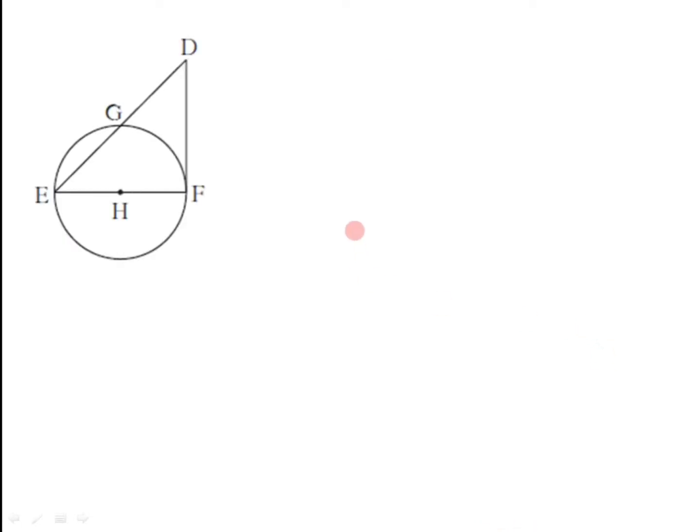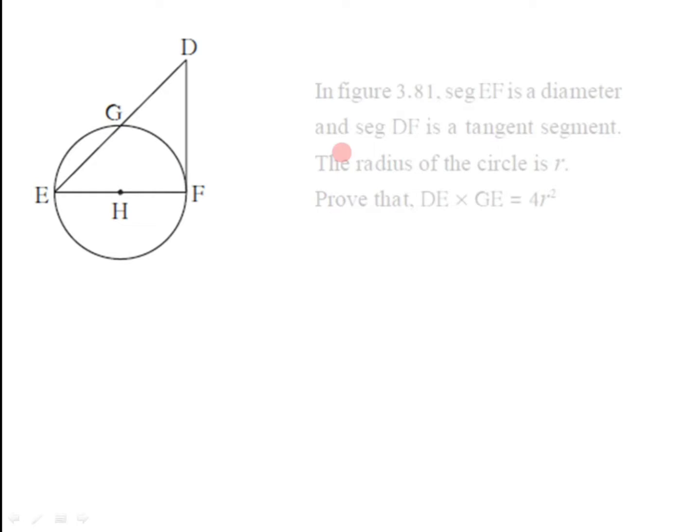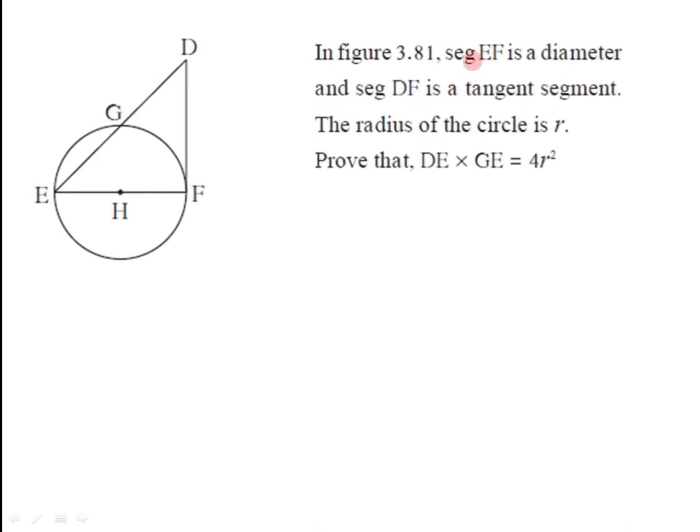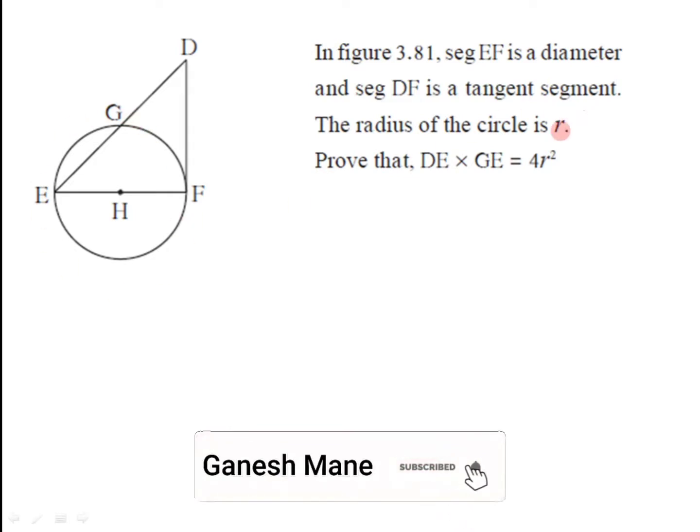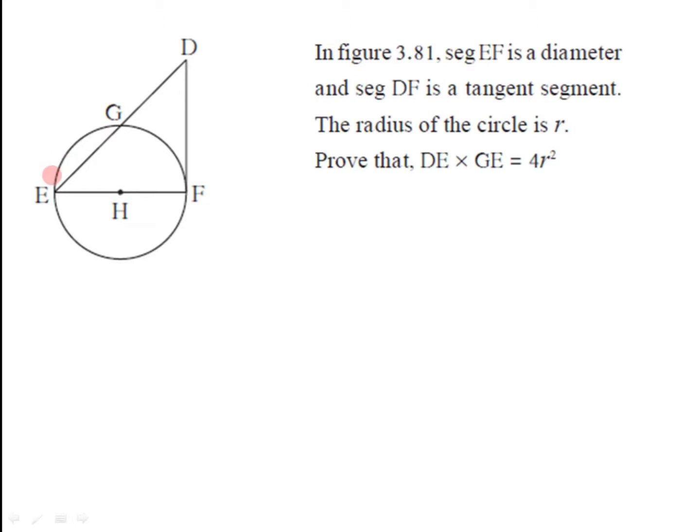Let us consider another problem. This is the figure given. The question is: segment EF is a diameter and segment DF is a tangent segment. The radius of this circle is r, and from that we have to prove that the product of DE and GE is equal to 4r square.